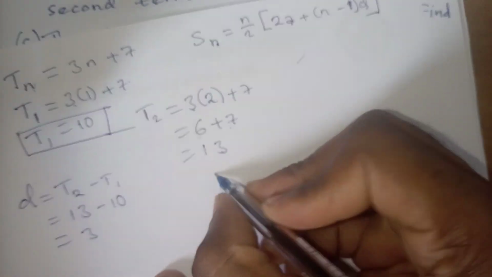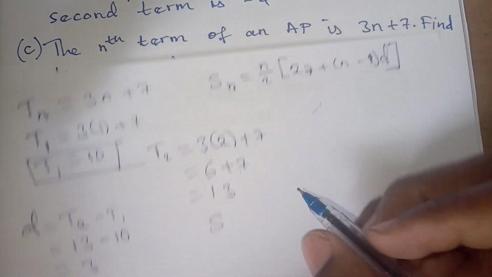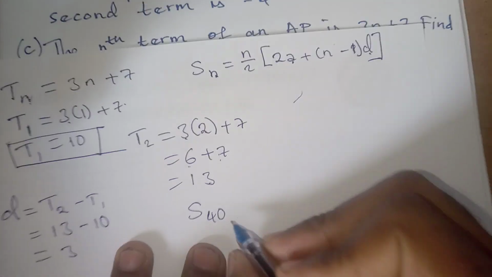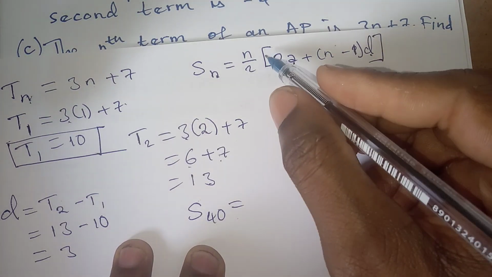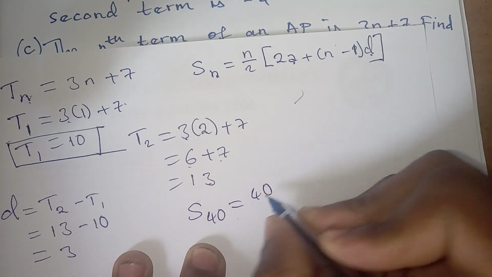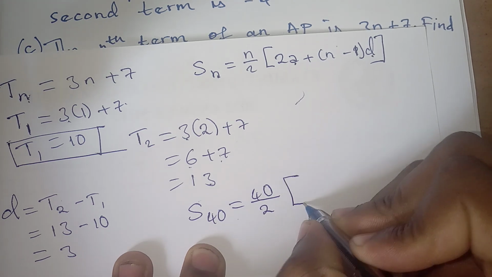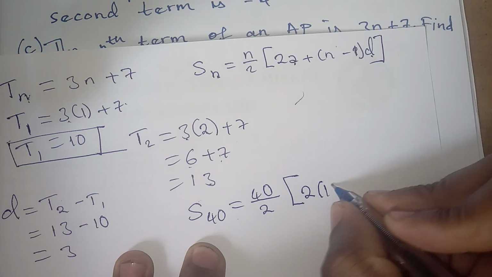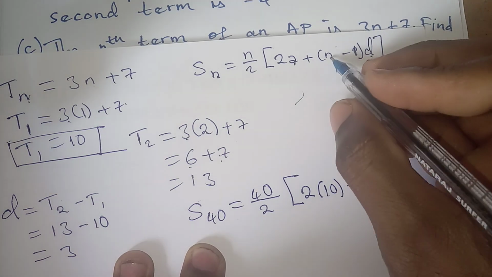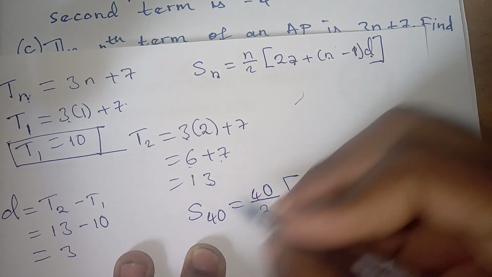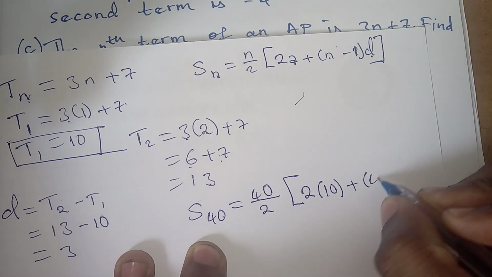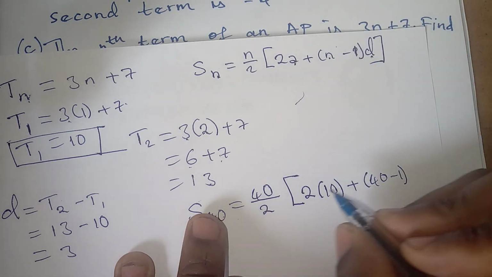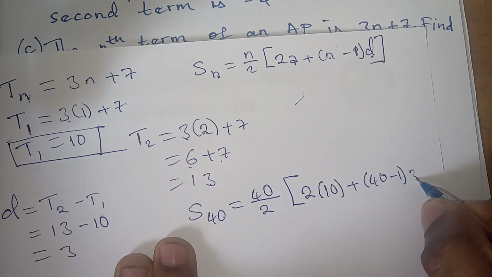So the sum of the first 40 terms, which is what the question is asking you to find, will be given by, using this formula, 40 divided by 2, and then 2 times a, we know that a is 10, plus, instead of n, we know that n is 40, so 40 minus 1, our d is 3.